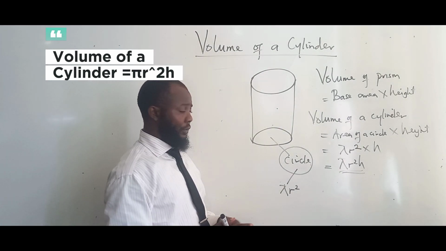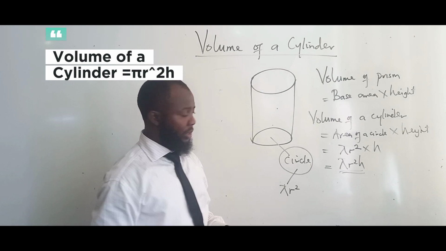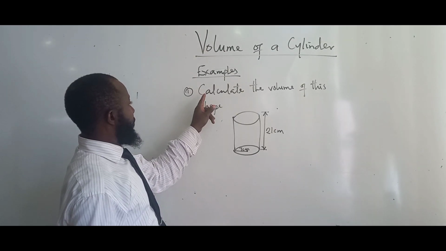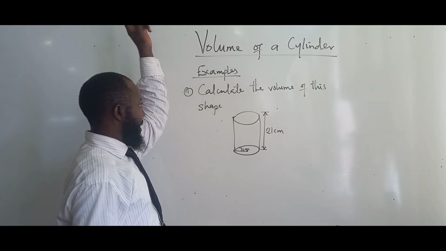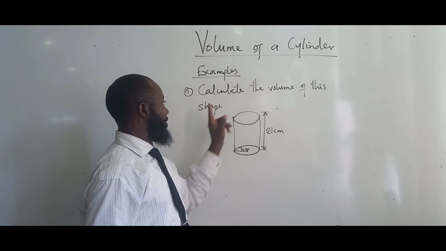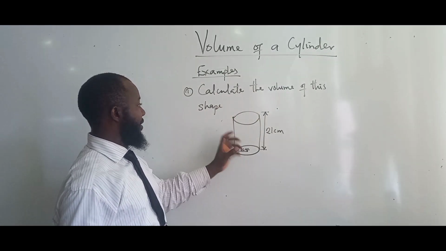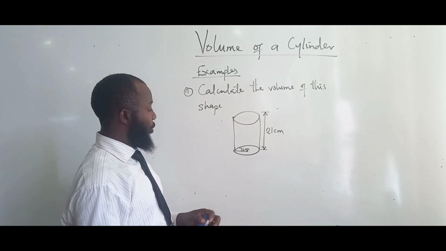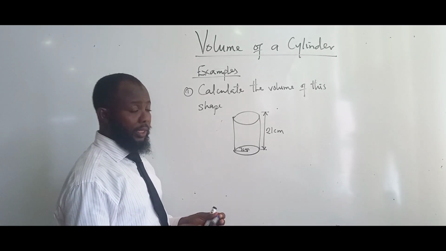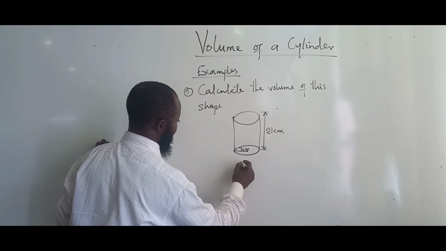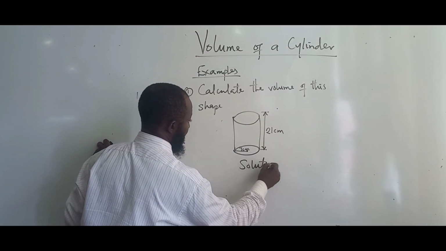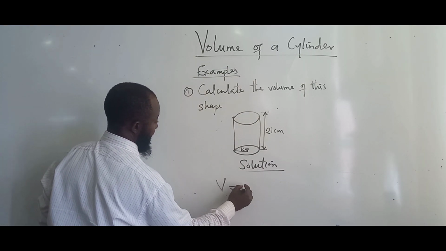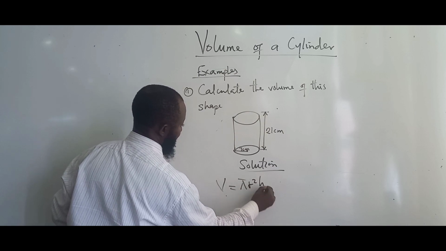So the next stage is for us to now look at examples. So we start with the first example. Calculate the volume of this shape. The first question you ask yourself is, what is this shape? This shape is a cylinder. And we've just discovered that volume of a cylinder is pi r squared h.